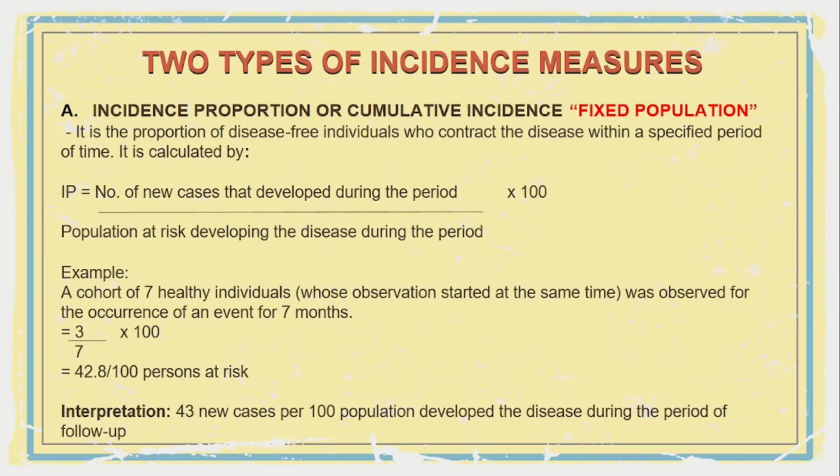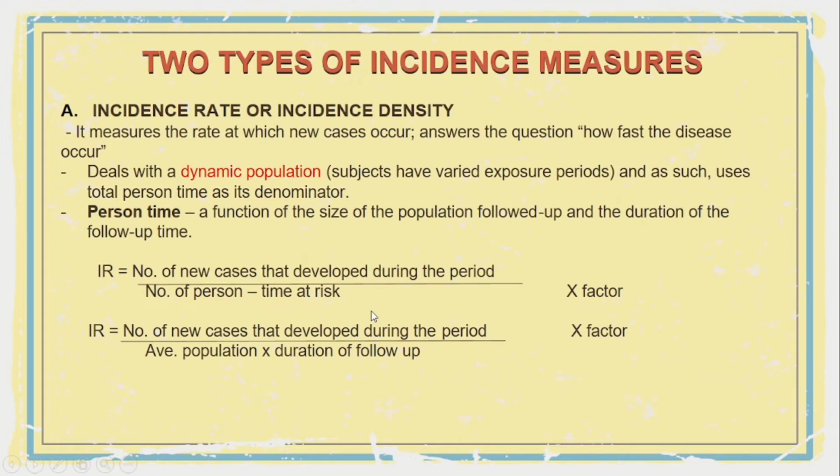Kung si incidence proportion, fixed lang yung population sa isang study, sa isang cohort, kayo lang 7 for 7 months, kayong 7 lang, ganyan. Ito naman, iba't ibang number ng population mo, dynamic na siya, so iba-iba. And then, hindi siya nakakulong lang sa isang study. Hindi sila parang naka-PBB house, parang ganun. Nasa isang open area, meron sila iba't ibang exposure, tsaka sila tinitest.